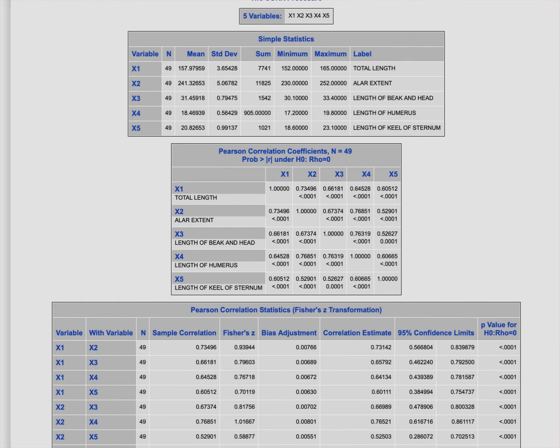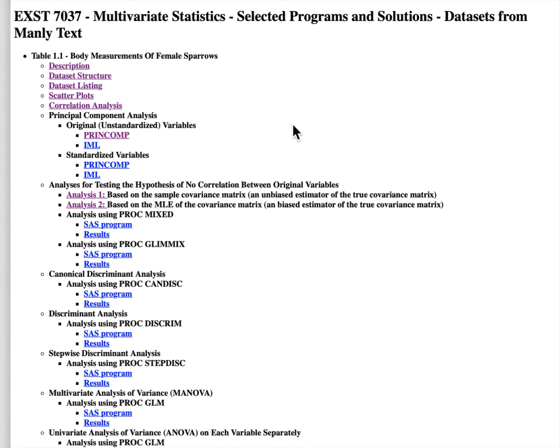So that is another example of showing how we can perform this overall or omnibus test involving all of the correlations between the response variables to check to see whether any pair of variables has a non-zero correlation.